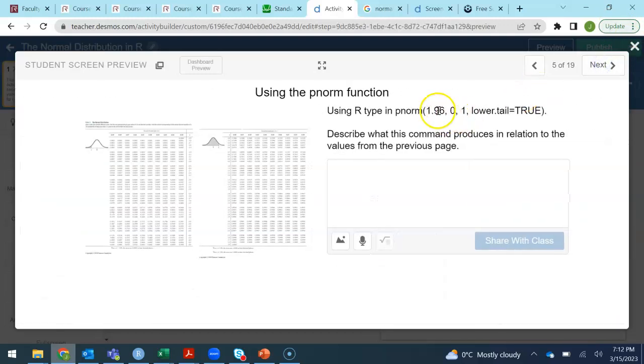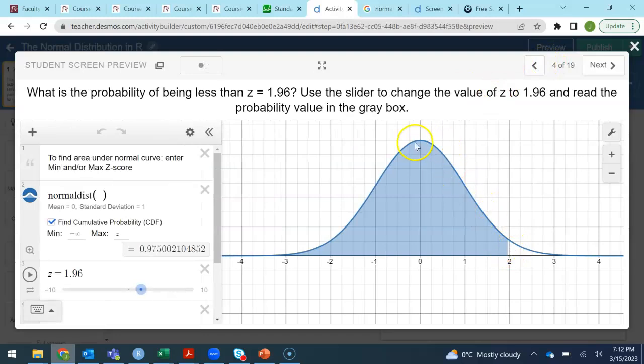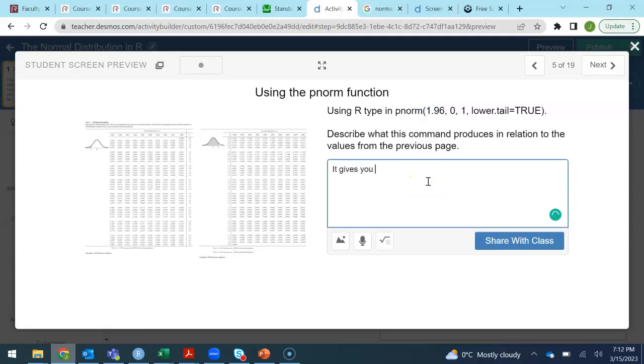So by typing in the z-score inside of pnorm for the standard normal distribution with 0, 1, you're getting the probability of being less than 1.96, or this shaded blue area. That's what the normal distribution pnorm function is giving you. So what does it give you? It gives you that the area or probability of being less than 1.96 is about 97.5%.